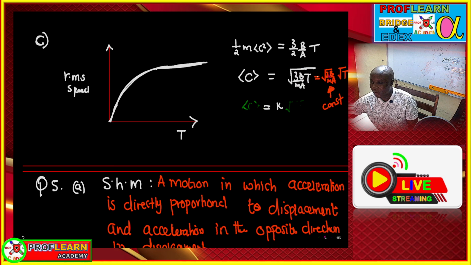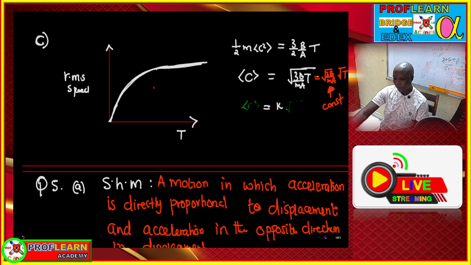This is a constant and root T. If you are given y equals root T, the equation will look like that, because these are just constants. So you can see c is directly proportional to the square root of thermodynamic temperature T. Then the graph will look like that.